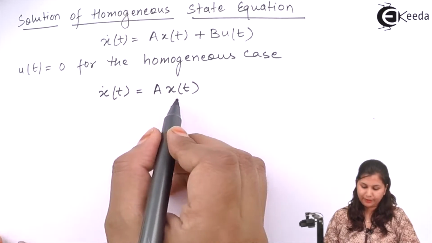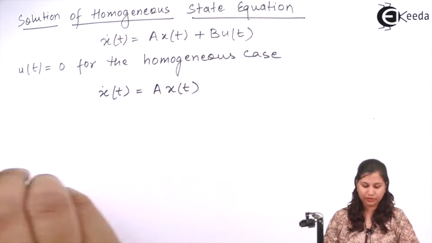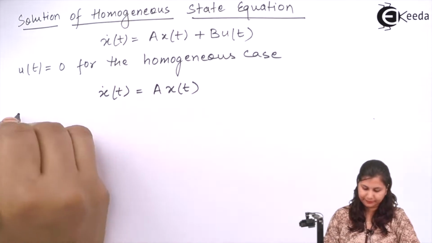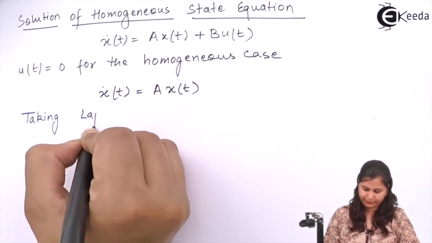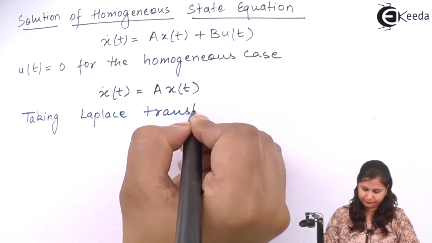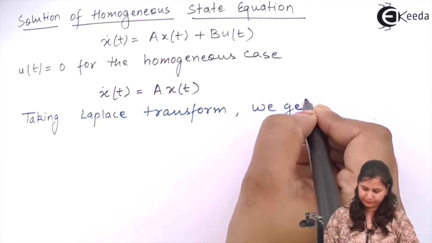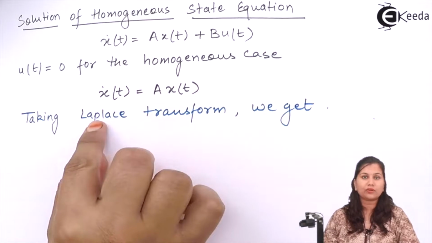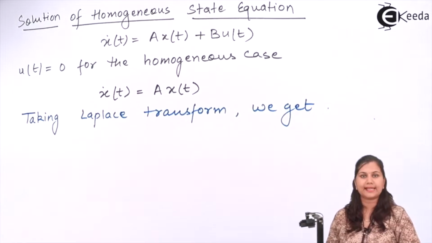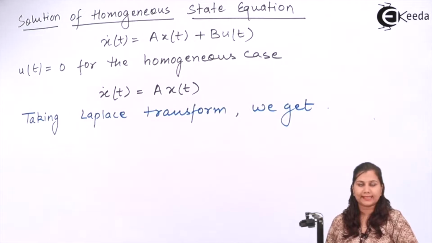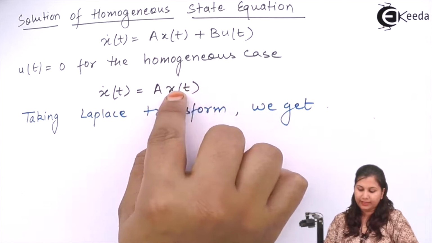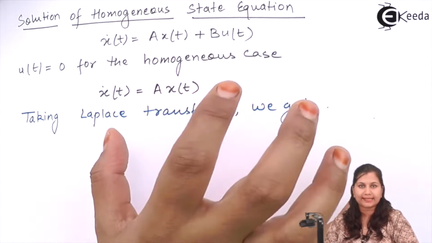Now taking the Laplace transform of this equation, the Laplace transform of x dot t is s X s, and the Laplace transform of x t is X s.